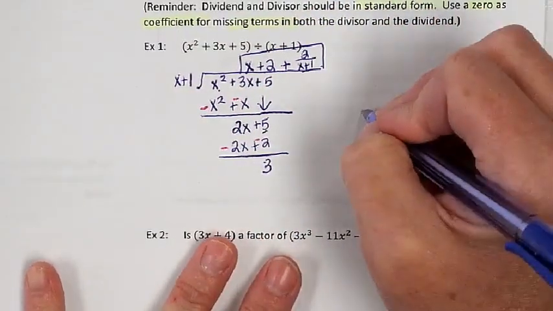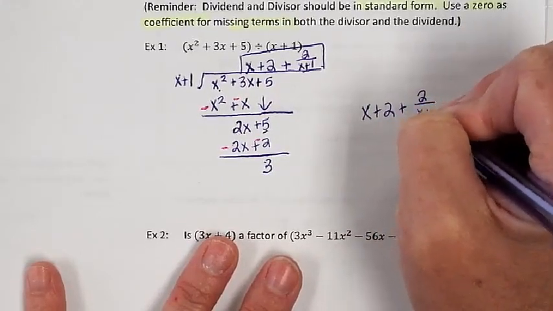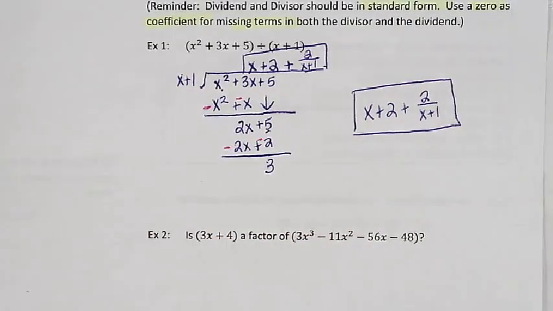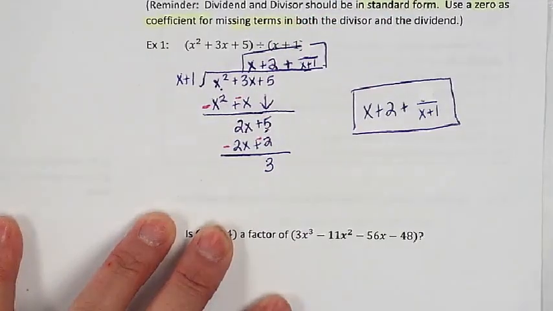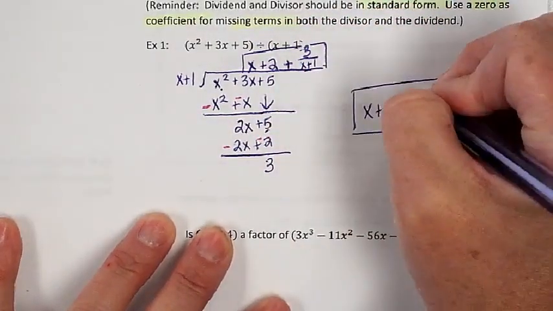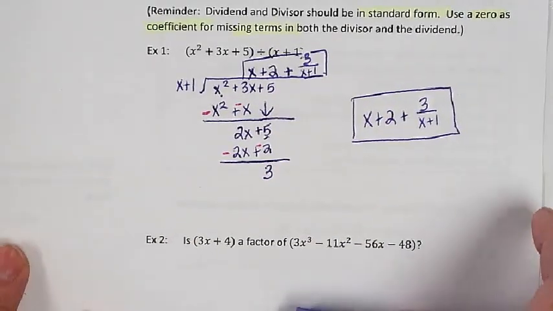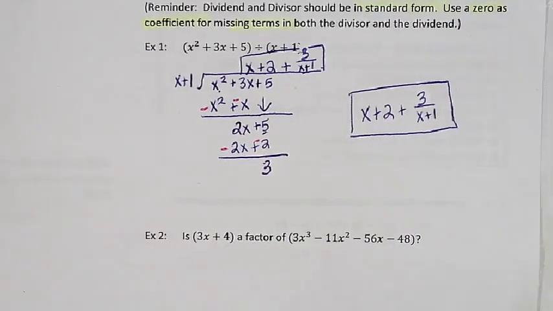Sometimes I'll even write it out to the side: 3 over x plus 1. Any questions?